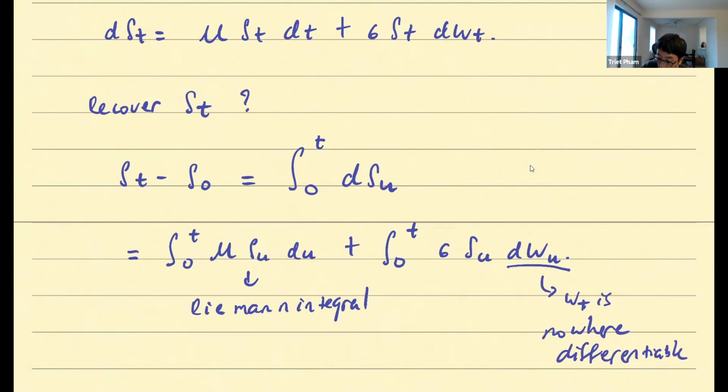Remember, the path of the W is very rough. When you look at its differentials, its differential is not well behaved. In which way? We'll explain. But for example, the du here, when you think about it, the time differential, every time it just goes up. Time just goes up. So every time you just keep multiplying with a positive piece, and you keep adding things up. Here, the dWu, right?